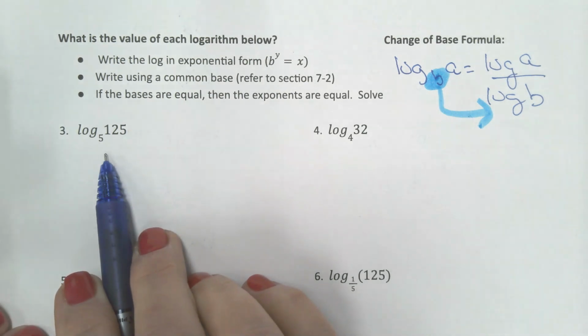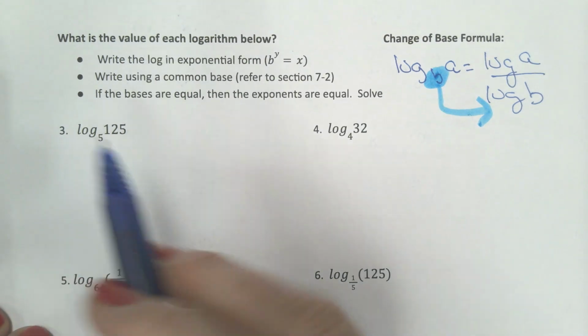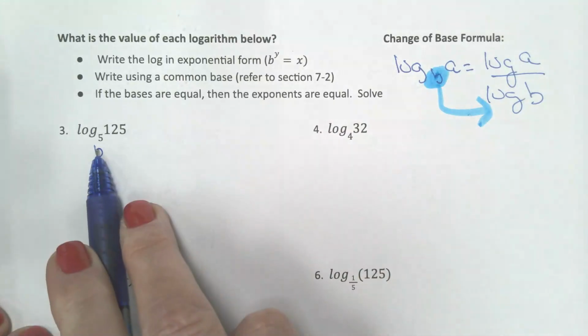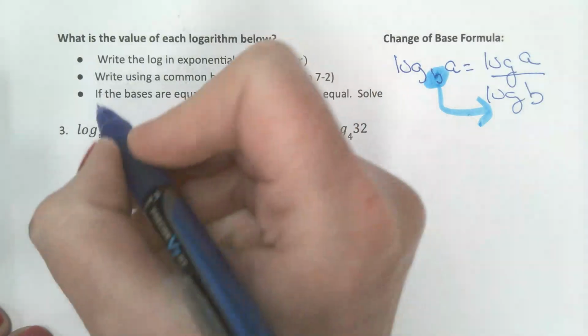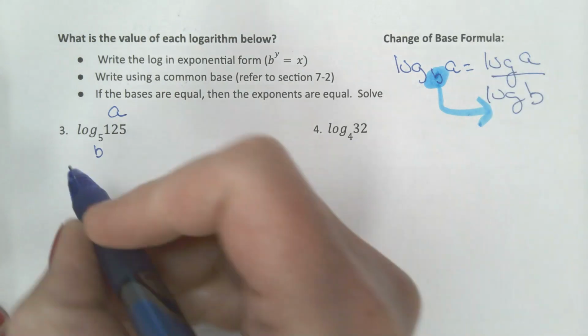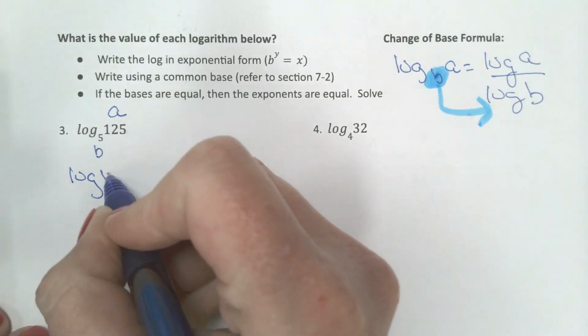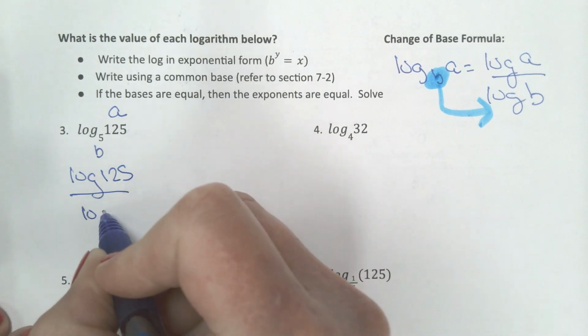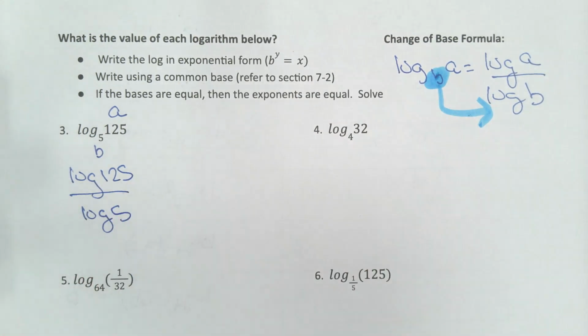So when I want to evaluate this right here, that base is your b, and the 125 is your a. So when I rewrite this, I have log of 125 divided by log 5.